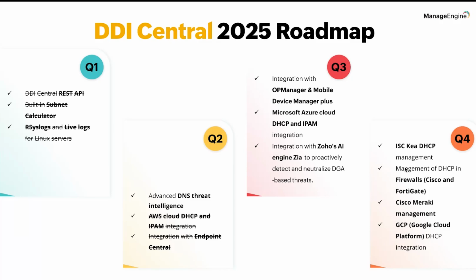And we are also extending the DHCP management for firewalls. So we have plans for integrating Cisco and FortiGate firewalls within DDI Central. So basically, we'll be doing DHCP management using DDI Central. So that's what we've planned for the whole of 2025, and we are actively working on it.